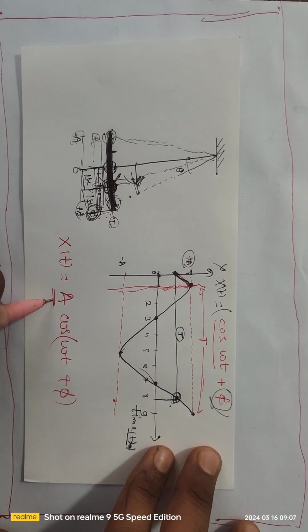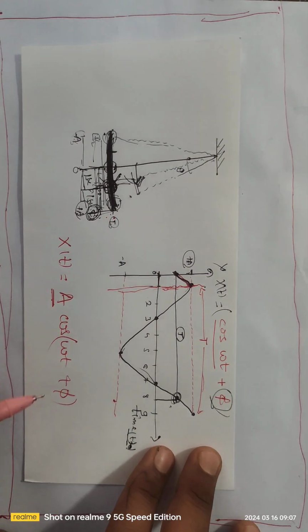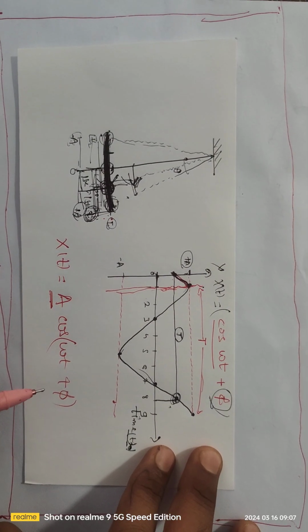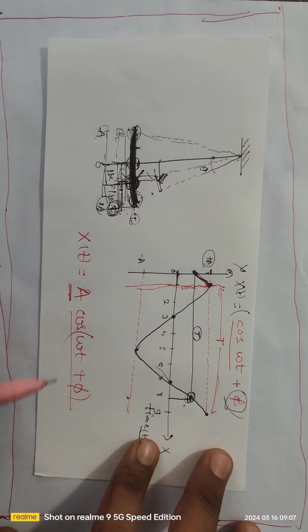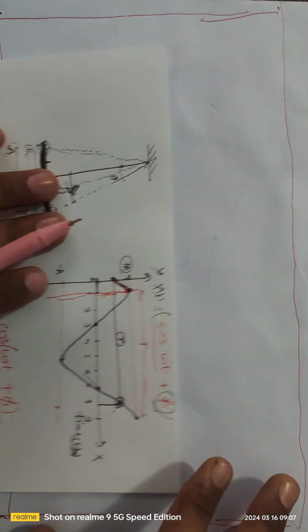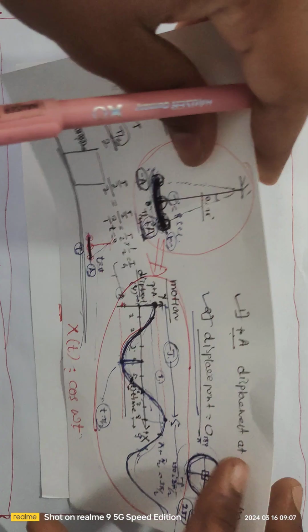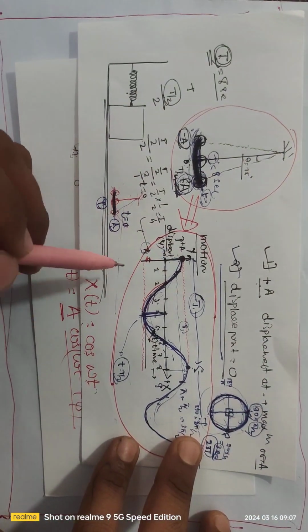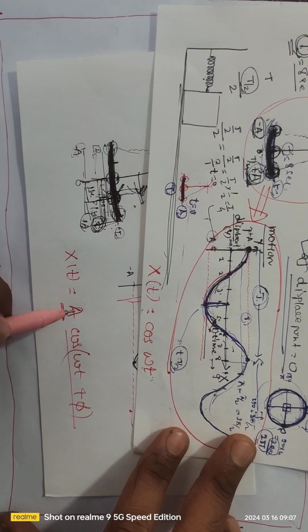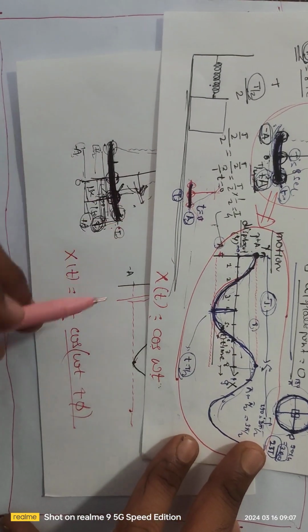The value changes. How will it change? It will change due to this term, according to this graph, with respect to cos omega t, a cos omega t.